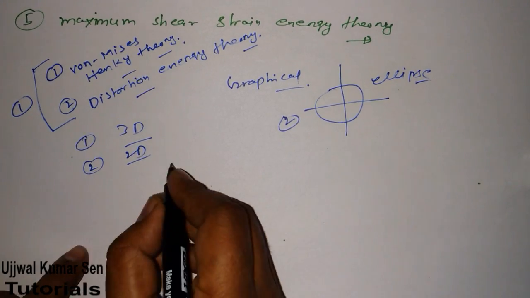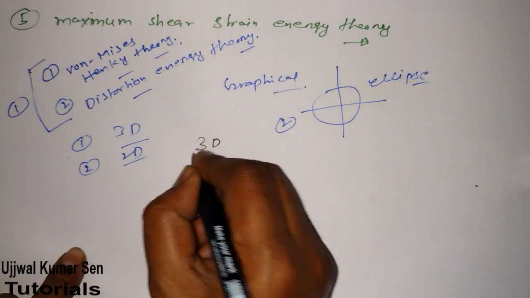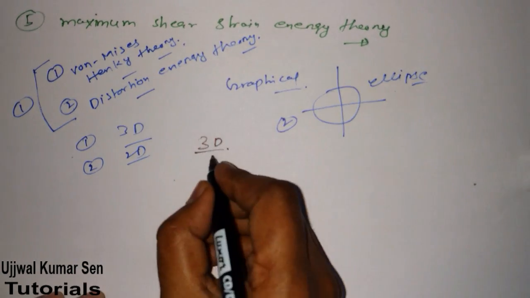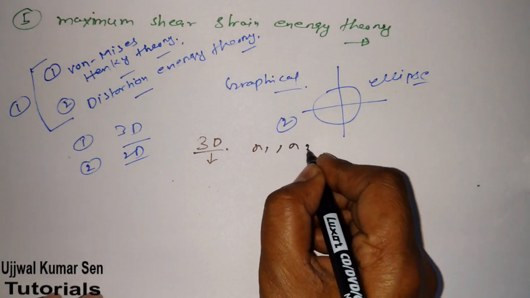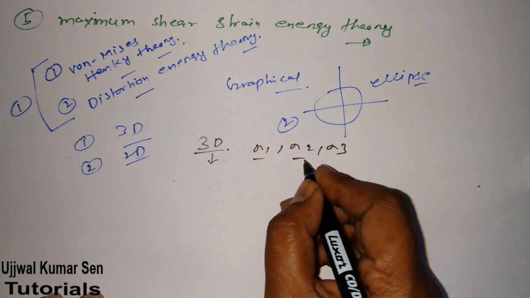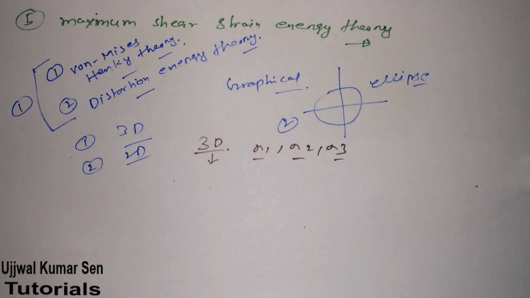So here for 3D, what we can do exactly, let me share with you. For 3D we have to use three stresses, sigma 1, sigma 2 and sigma 3, right? So what we are exactly finding out is the maximum shear strain energy theory.